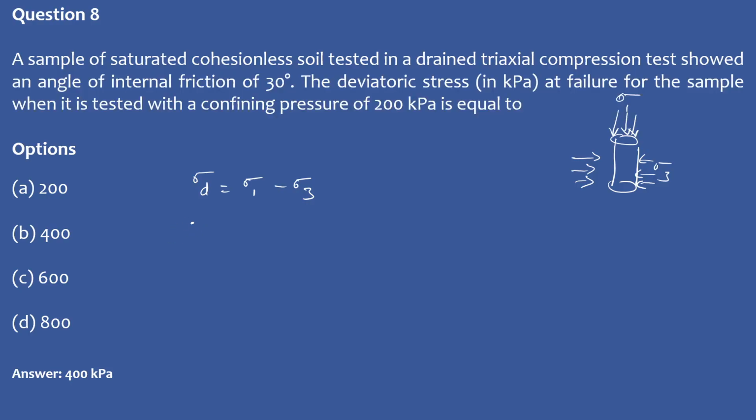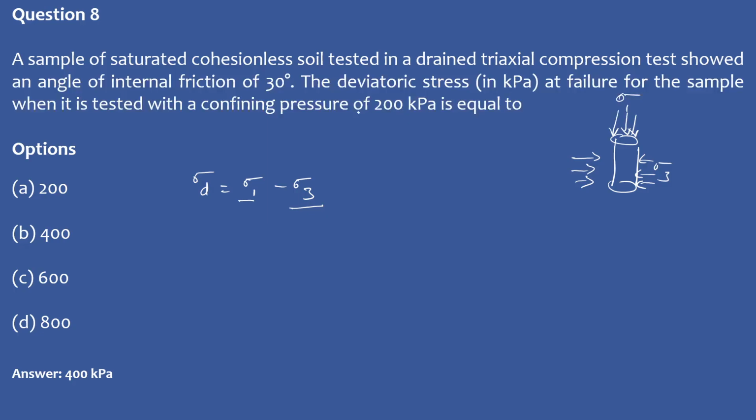So your task is first to calculate sigma 1, then sigma 3. Your confining pressure is given to you, 200 kPa. So your sigma 3 value is 200.